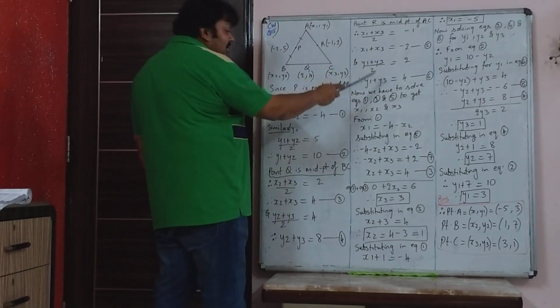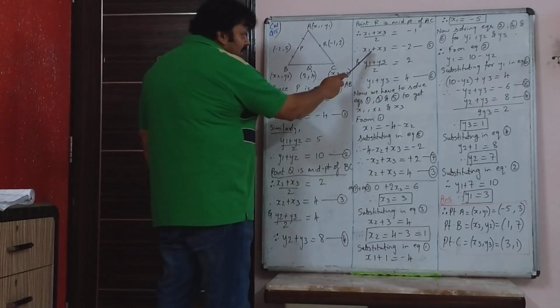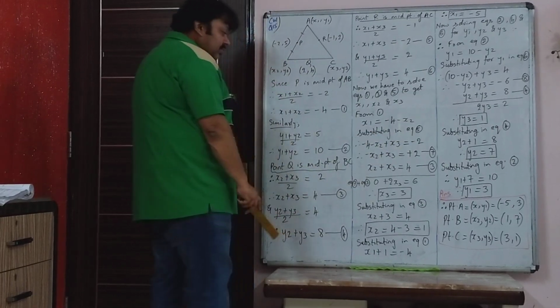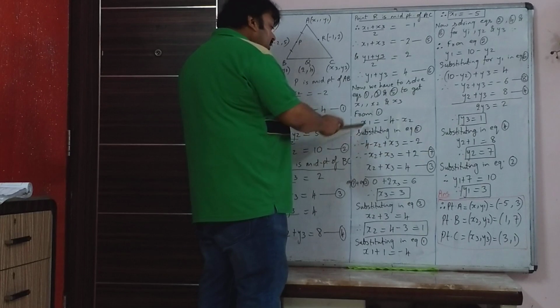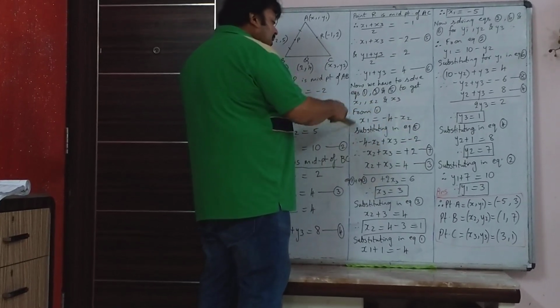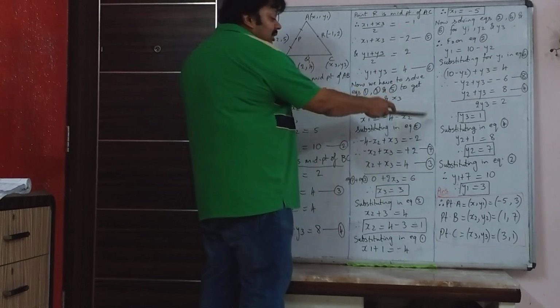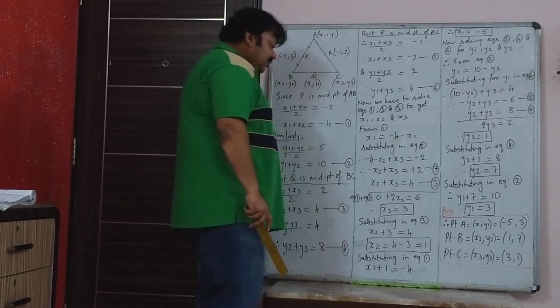So instead of x1 I write minus 4 minus x2. So minus 4 minus x2 plus x3 is minus 2. From that I can say minus x2 plus x3 is equal to 2, because minus 4 going there becomes plus 4, and minus 2 plus 4 is plus 2.